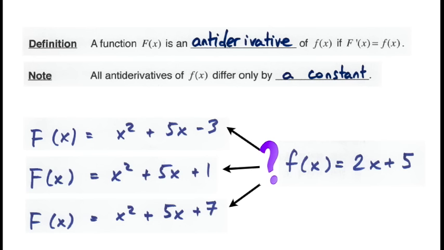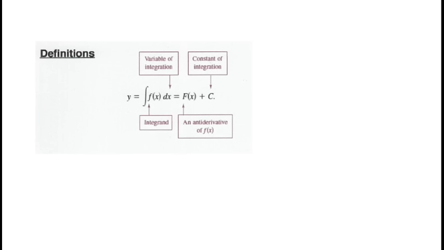But we do know that all of these original functions differ only by a constant. In my three examples, the constant is negative 3, plus 1, plus 7, but there are obviously an infinite number of possibilities. Let's see some definitions now.